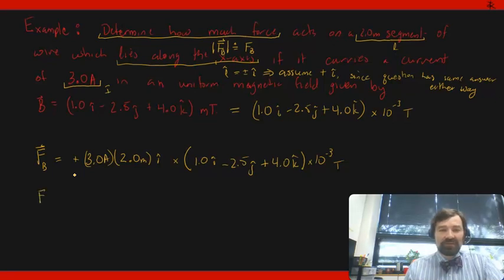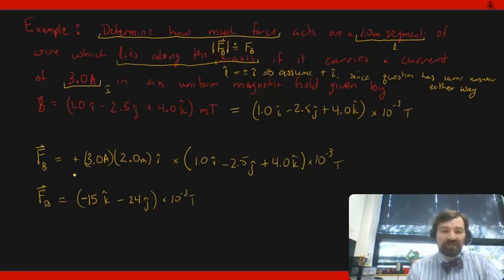So basically what that means is that my actual force is going to be 6 times 2.5, so that is 15 negative, and that is k hat. And then 6 times 4 is 24, also negative, in the j hat direction times 10 to the minus 3 Tesla.